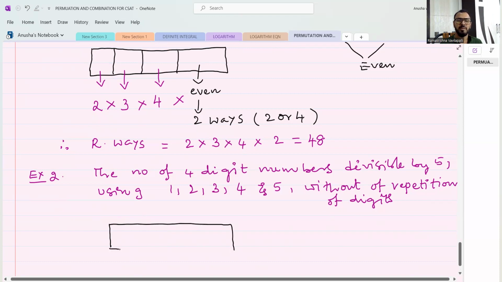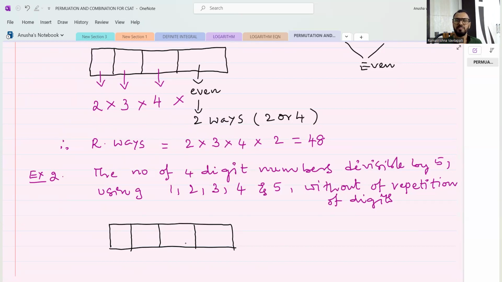Well, again I am taking 4 boxes because to form a 4-digit number. Well, we have only one 5. There is no 0. So you have to fix that first place is 5.